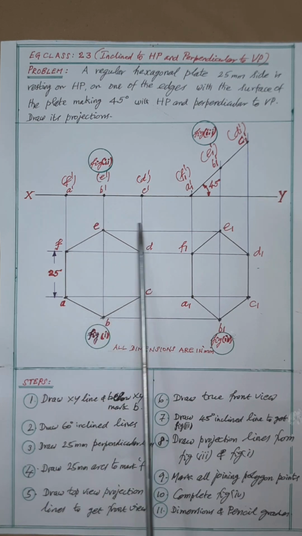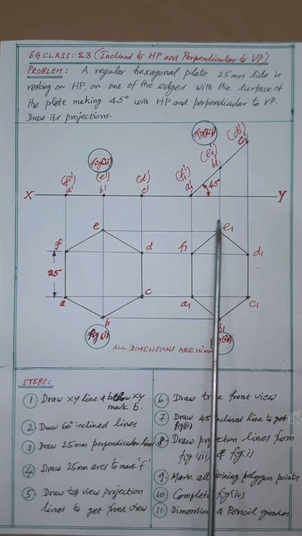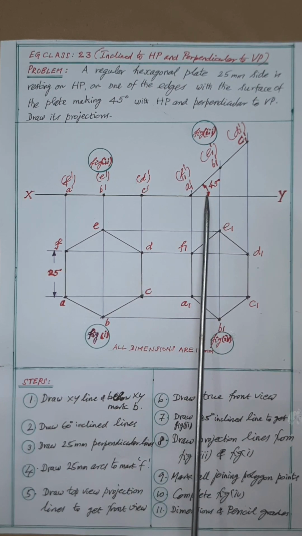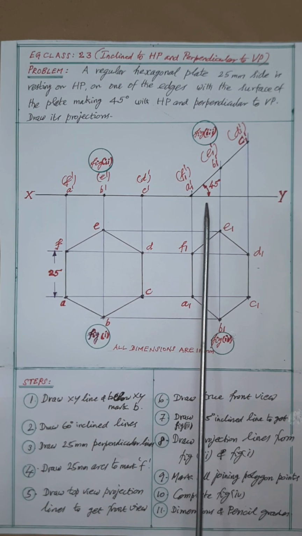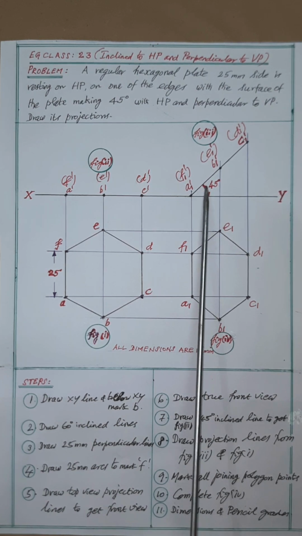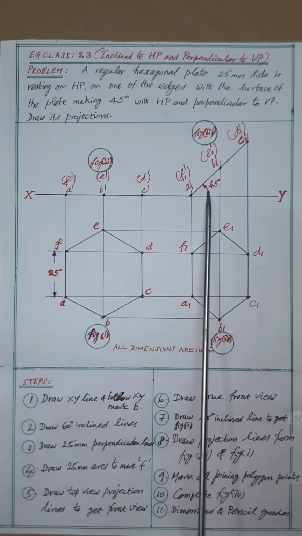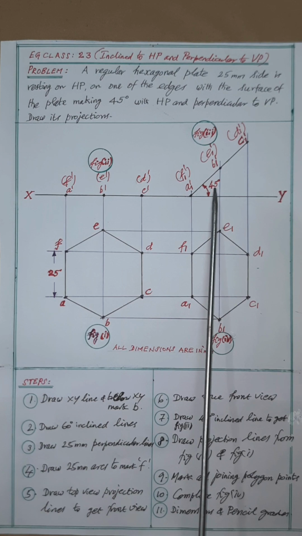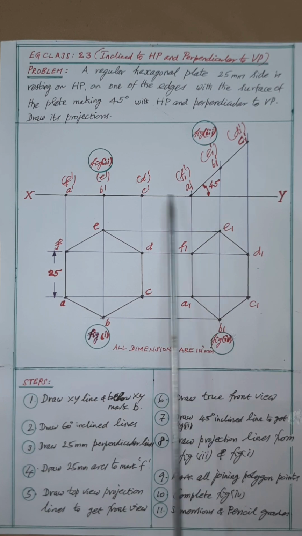Step 7. The front view only can give true length and hence draw the final front view now. As given in the problem, draw a 45-degree line to XY as shown and mark the length along with the points as per figure 2.